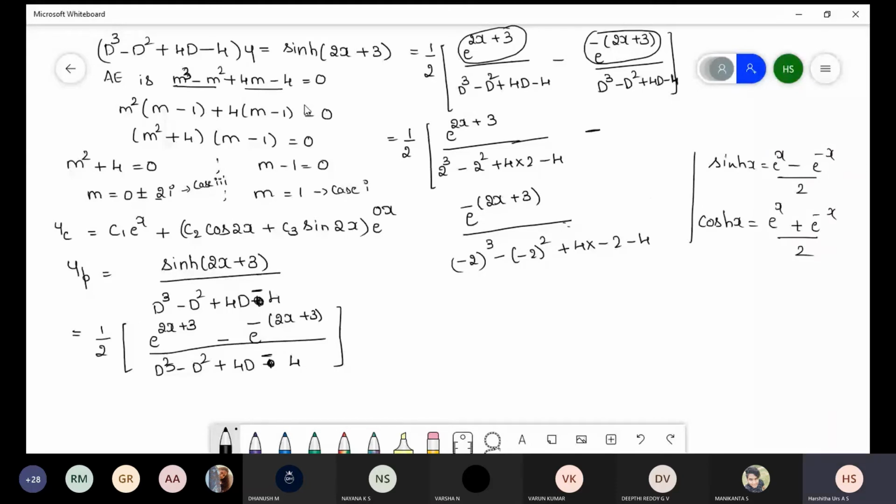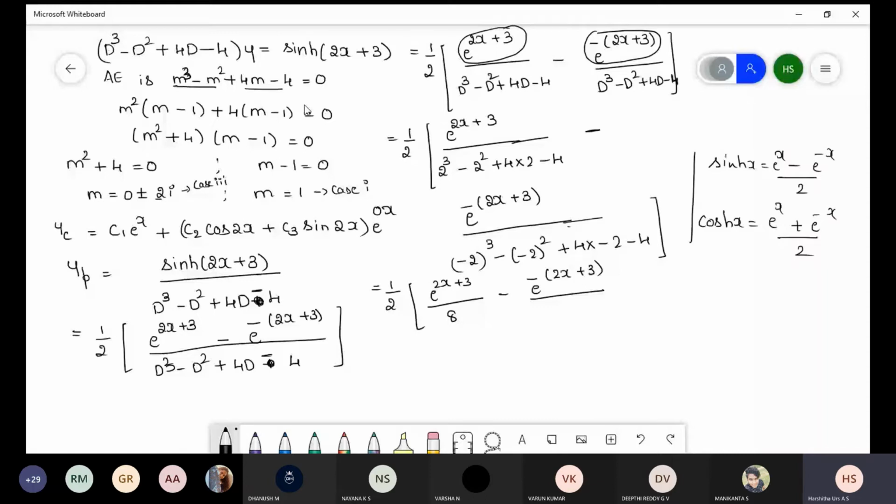Close the bracket. 1 by 2 into e power 2x plus 3 divided by 8 minus 4, so here we get 4, 4 plus 8 is 12, 12 minus 4 is 8. Minus e power minus of 2x plus 3 divided by minus 8 minus 4 is minus 12, again minus 12 means minus 24.